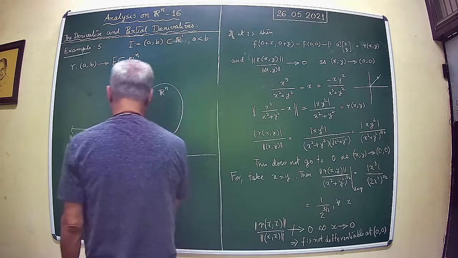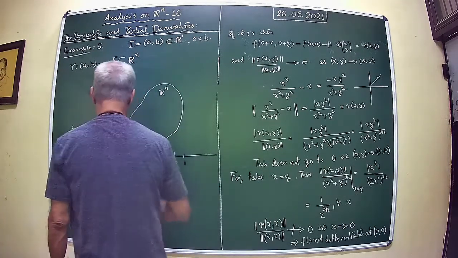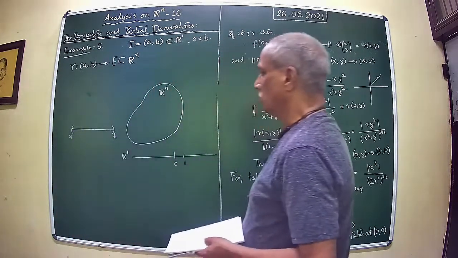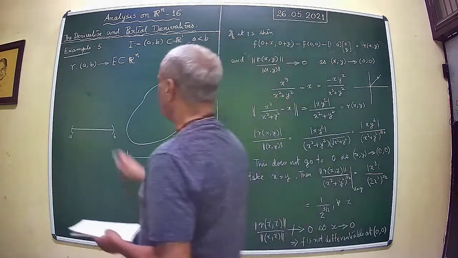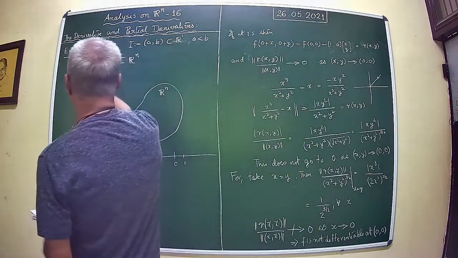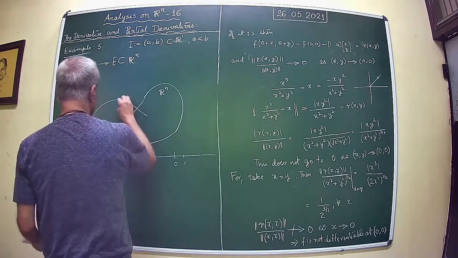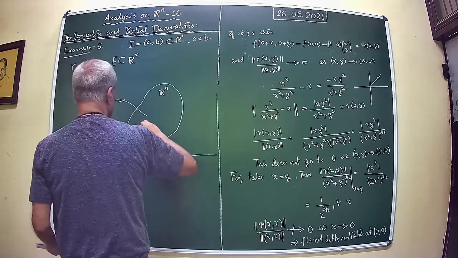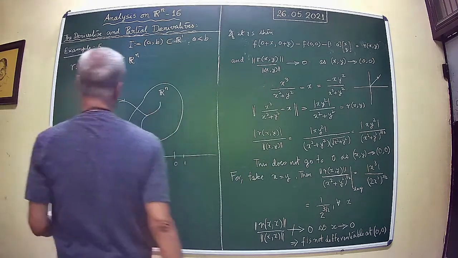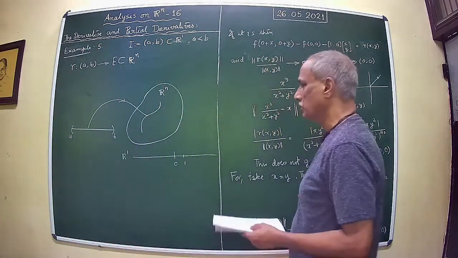This is the real line again. So what you are defining is a function gamma from this to Rn. So this is what you have.